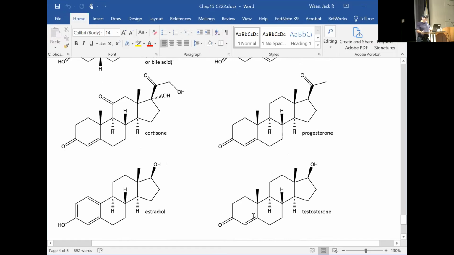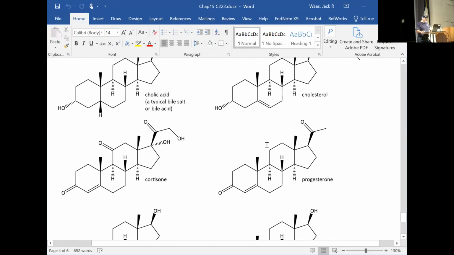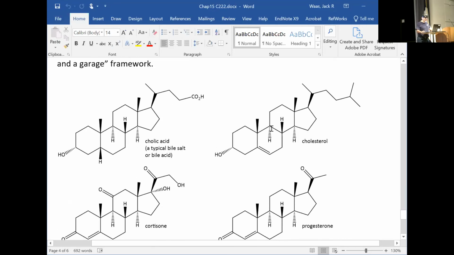So other than that, I think you'll agree, all of these molecules are pretty similar, and even more similar than different to cholesterol. The odd one out in this class that still has the 3 rooms in the garage, still has the A, B, C, and D rings, is bile salts, or they're also called bile acids. And I mention these because I think these are going to come up in upper level classes for you guys.